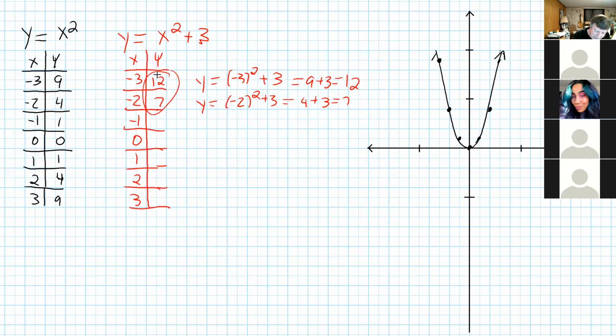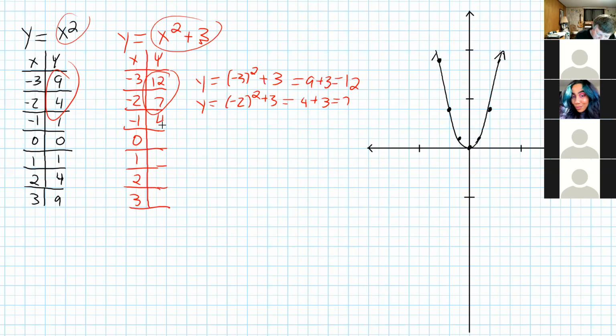How do these values compare to the values in the first graph, the y values? How do they differ? They're bigger. How much bigger? By 3, right, because this is the same as that, plus 3.